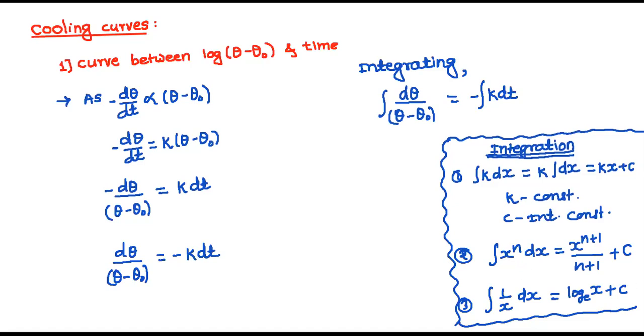Next, see, what I have written here, integration of d theta divided by theta minus theta naught is equal to minus integration of k into dt. So here you see, theta minus theta naught is like x and d theta is dx.